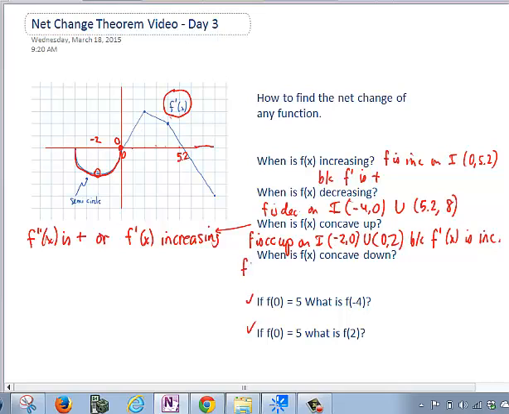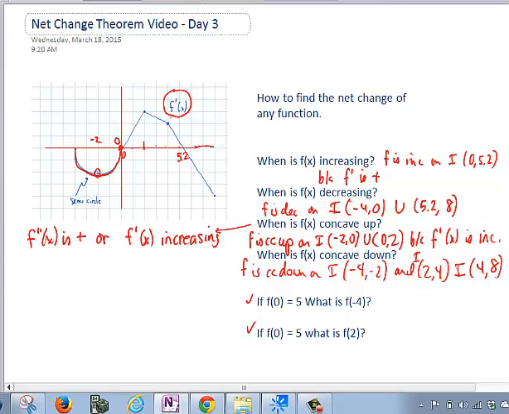Concave down, f is concave down on the interval from -4 to -2, and from 2 to 4, and the interval from 4 to 8.